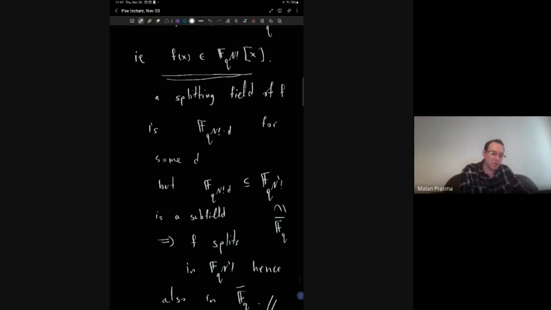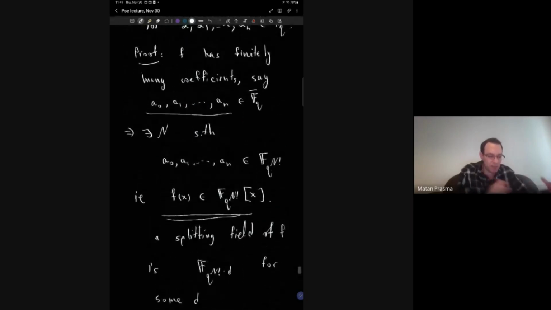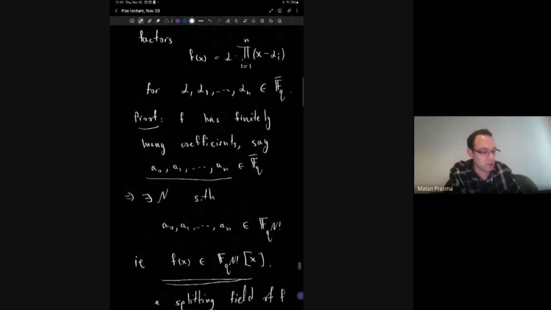Okay, so let me just repeat the line of argument. We constructed splitting fields over finite fields. So if I am given a polynomial over the algebraic closure, the way to see that it must split in the algebraic closure is first to go back to the finite case. The way to go back to the finite case is that a polynomial is a finite creature. It has finitely many coefficients.